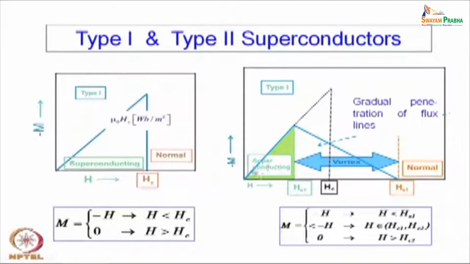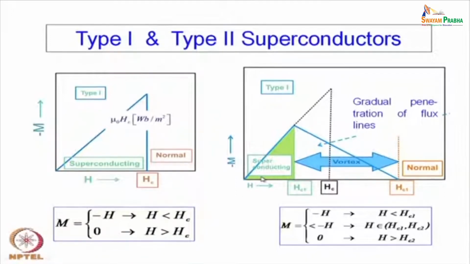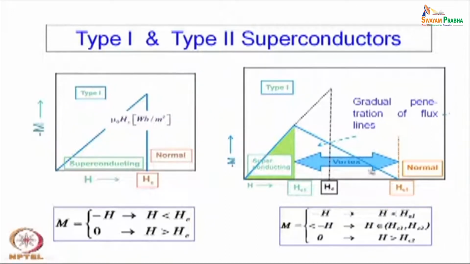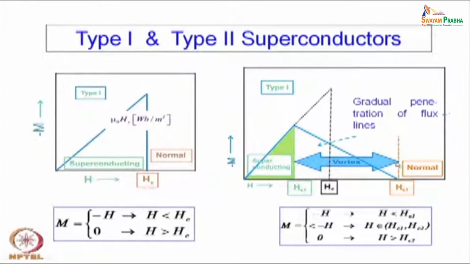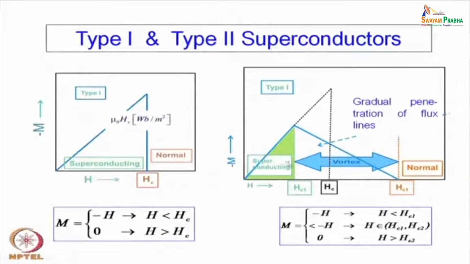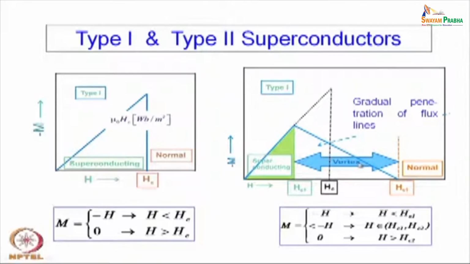So, there is a superconducting state at low magnetic field and a non-superconducting state at high magnetic field, but in between is a kind of dual phase region, what we call a vortex region.